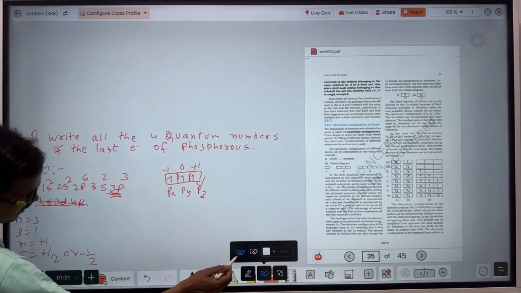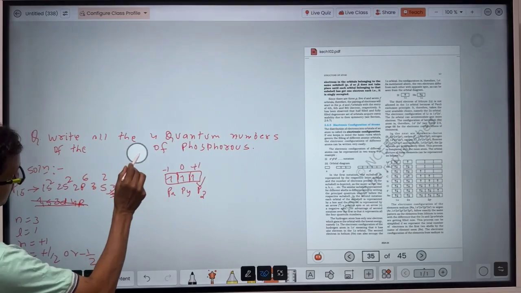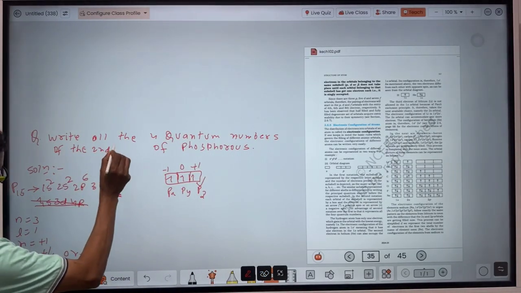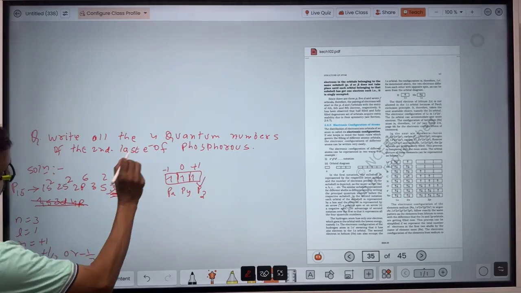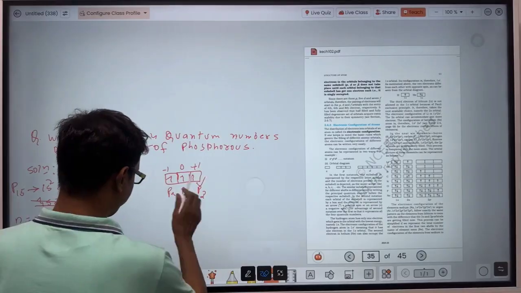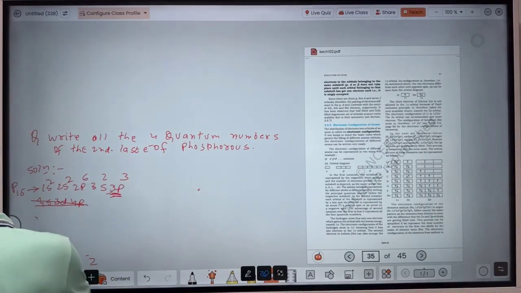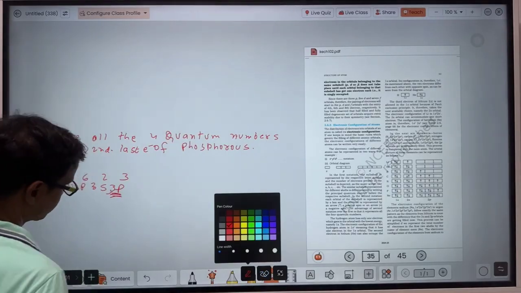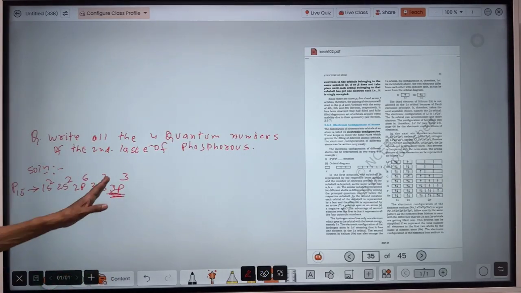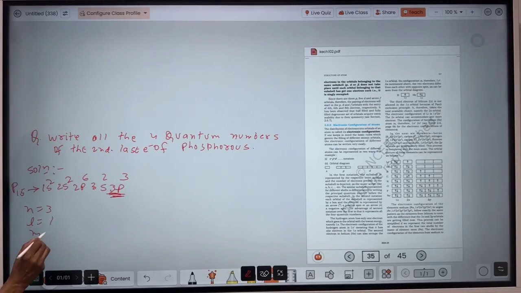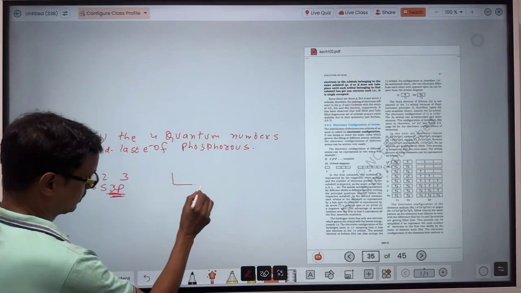I am modifying this question here. That is, not the last electron but the second last electron. Okay, let's see. When we write the electronic configuration, the last electron will be here, and the second last electron will also be here. So n equals 3, L equals 1, m equals what?